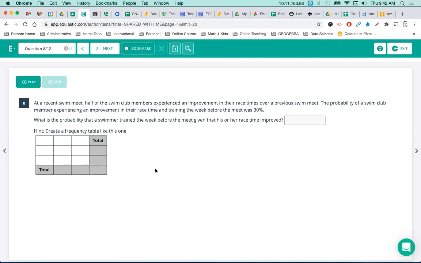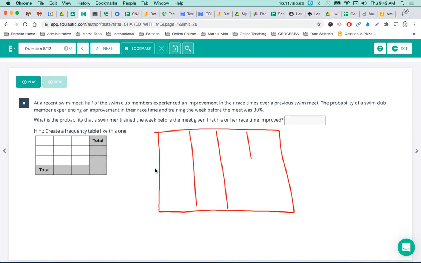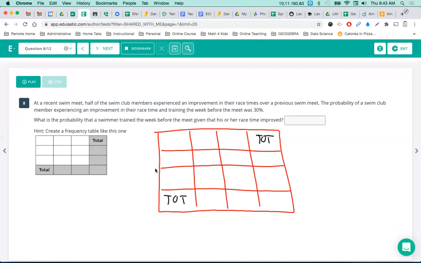So I'm going to redraw this a little bit bigger. All right. At a recent swim meet, half the swim club members experienced an improvement in their race time over the previous swim meet.